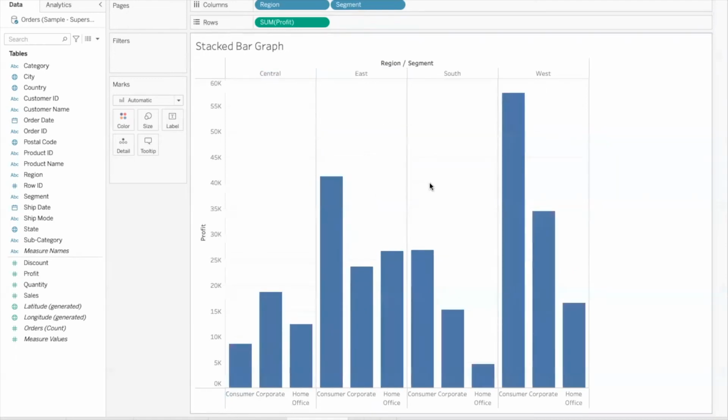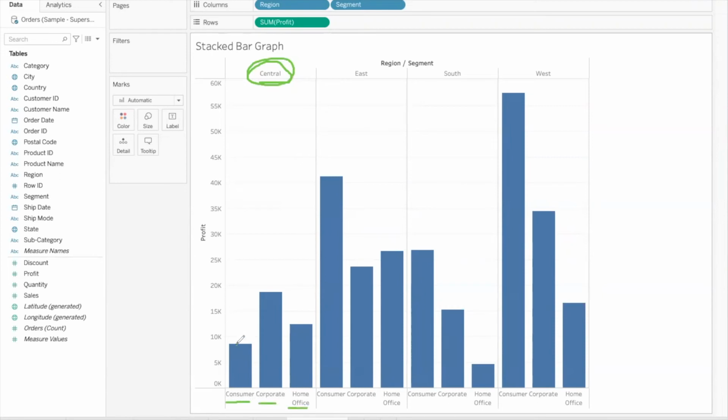But can we comment about the overall profit here? What is the profit from Central? If that's the question, I can't give you an answer directly. I'll need time, because now we're not looking at overall profit in Central. Within Central, we are looking at the contribution from consumer, corporate, and home office.